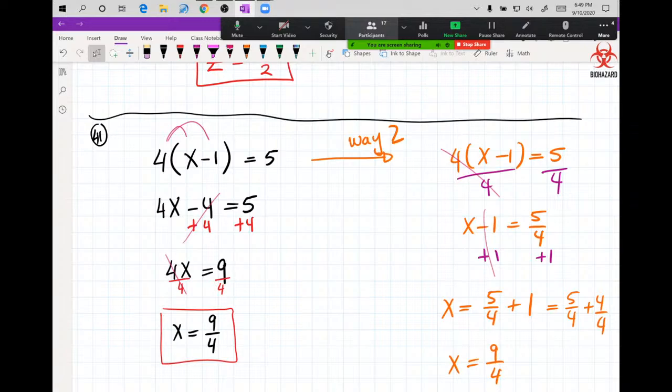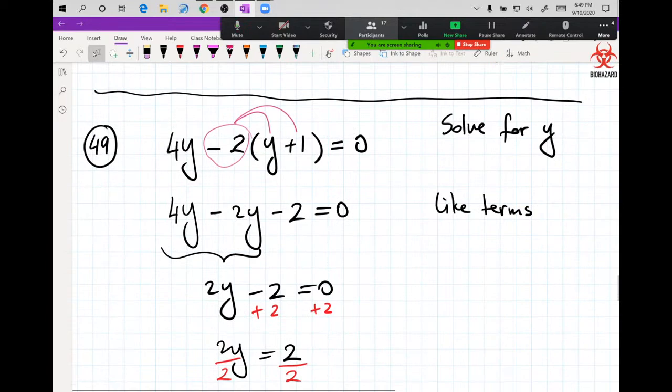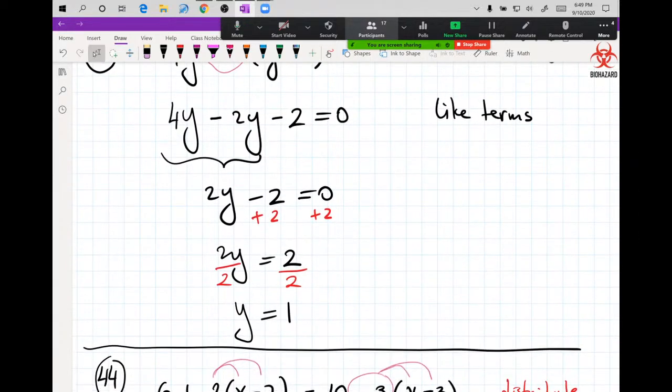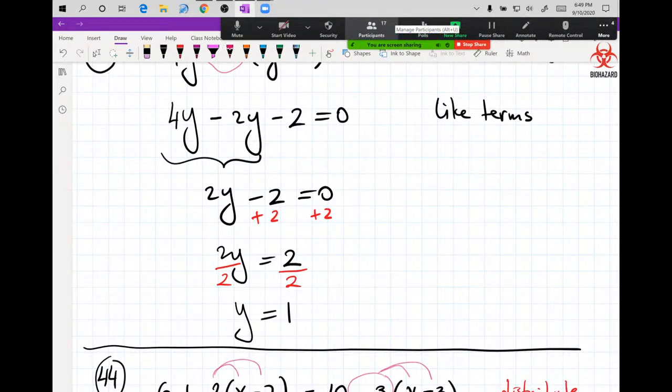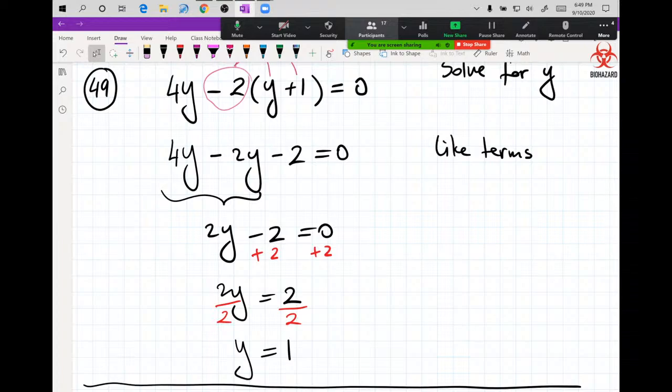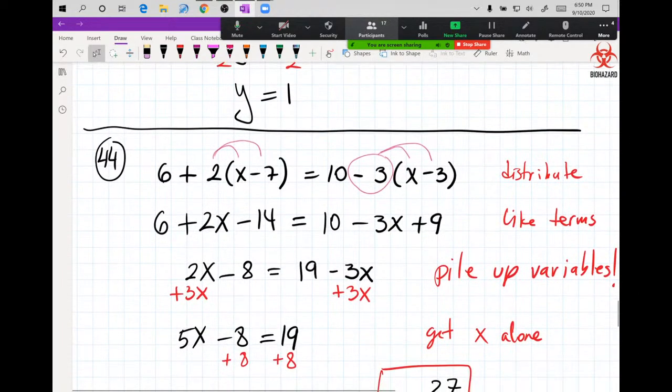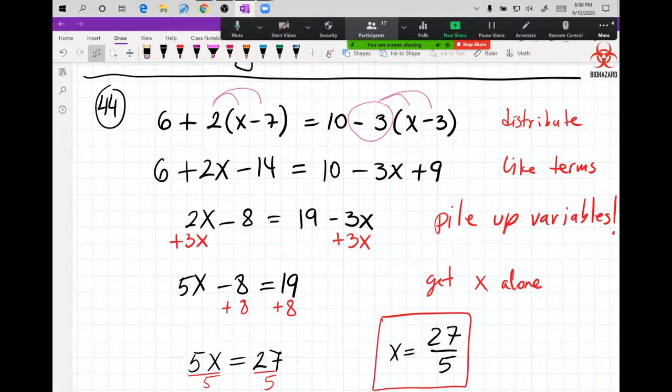We broke down all of the skills, and every single problem brought a new skill to the table, and then we combine all of those skills in later problems. Over here you can see distribution, you can see piling up variables in terms of like terms, you can see solving method from the first problem. So this problem here already combined 3 concepts, and then it gets more complicated from there.